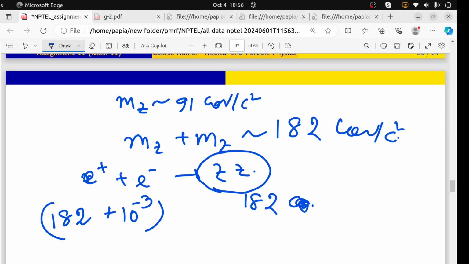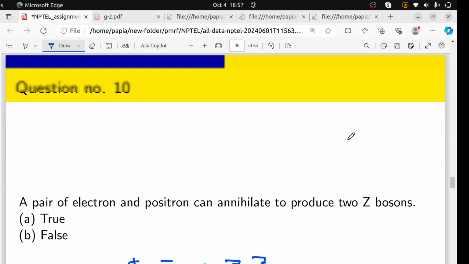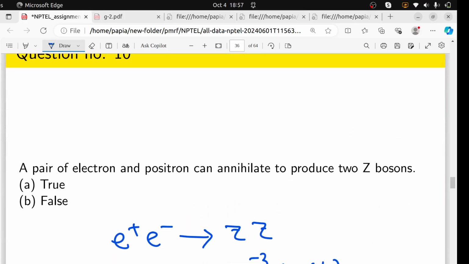I am not saying that it will never happen. It can happen. This interaction can be possible only when the kinetic energy of E plus and E minus is very large. This is the main problem in getting this type of interaction. But E plus and E minus can decay to two photons very naturally, very frequently. To have Z and Z is a little bit more problematic. So for this question, I cannot say true or false.